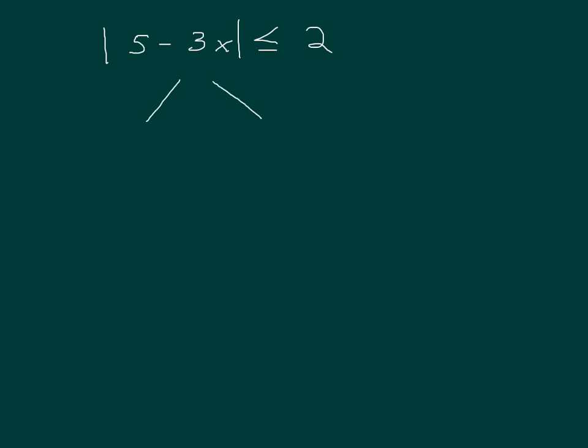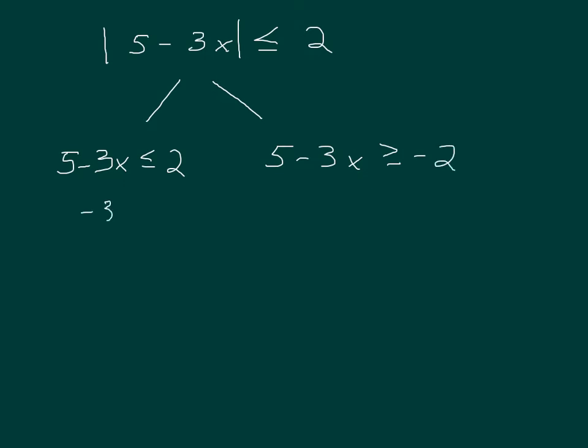You have a distance of 2 units or less from 0. That means in the positive direction, 5 minus 3x is less than or equal to 2 units. And in the negative direction, the distance 5 minus 3x is going to be greater than or equal to negative 2 units.